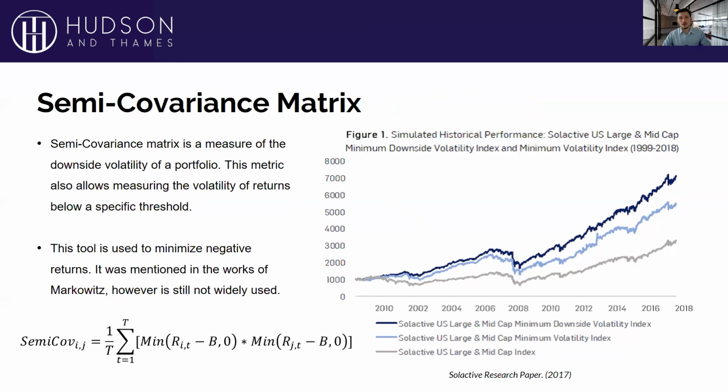Using the given formula right here, you can set a threshold B to any threshold. Standard being, for example, 0. So we would measure covariance between observations that are below 0. Why would we need this specific tool?